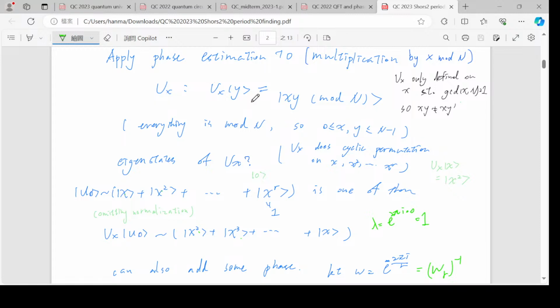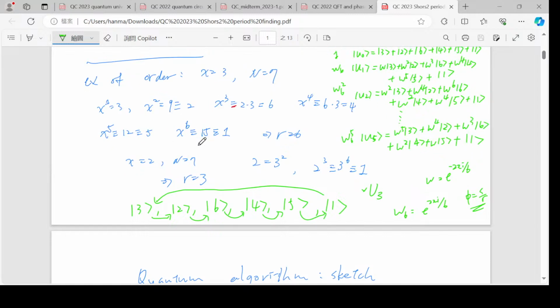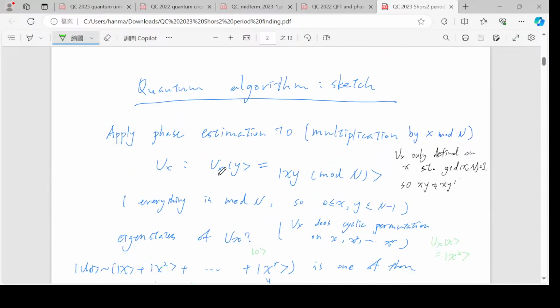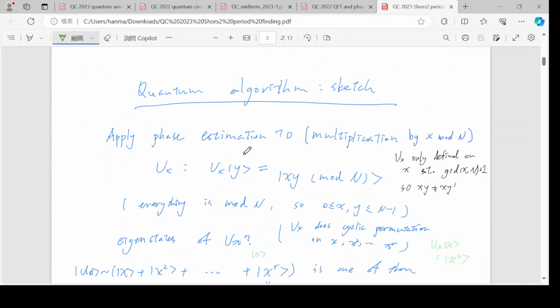So you multiply some number by x mod N. If U_x is applied on some y, then it becomes xy mod N. We think about this unitary, and we find that if we do phase estimation on it, you will not find the order R directly, but you will find very good information about it.